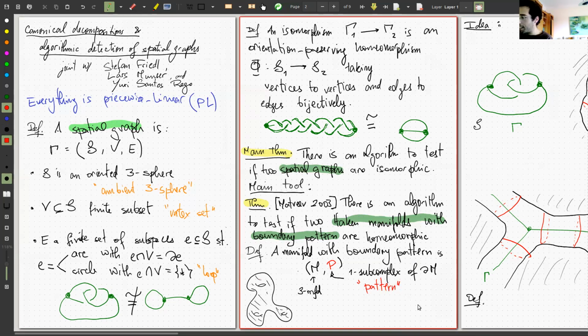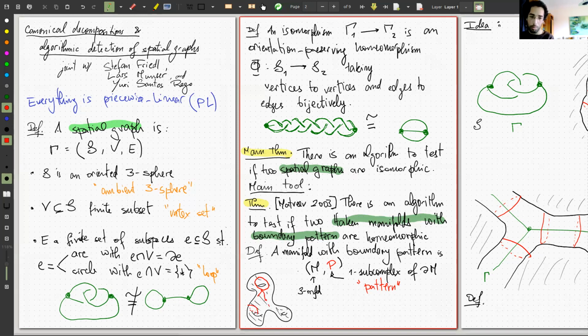So essentially, the idea is that you have a three-manifold with boundary. Well, it doesn't have to have boundary, but for us, the interesting case is when it does. You go to its boundary, and somehow you vandalize it a bit. You draw some one-dimensional thing, like a polygon. It's just a one-dimensional PL complex, something like this.